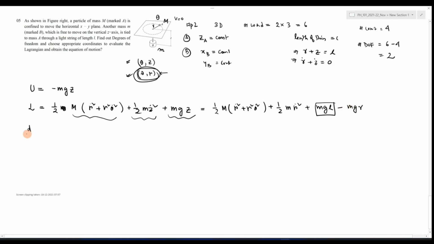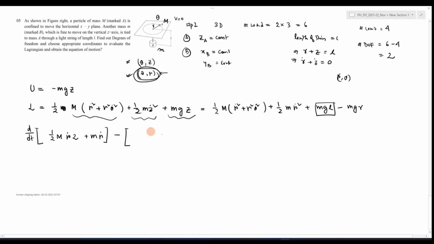The next part is simple, okay? You have to take the derivative with respect to r and with respect to theta. So let us do this with respect to r. This one is having r dot, so half capital M r dot into 2. First term is done. This term is not having r dot, but this term is having r dot. This will also give m r dot. No other r dot term. Done.